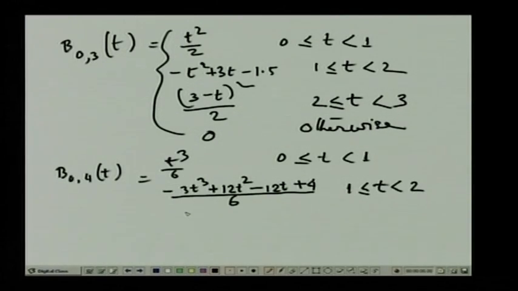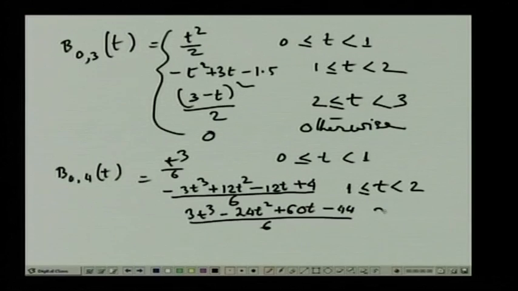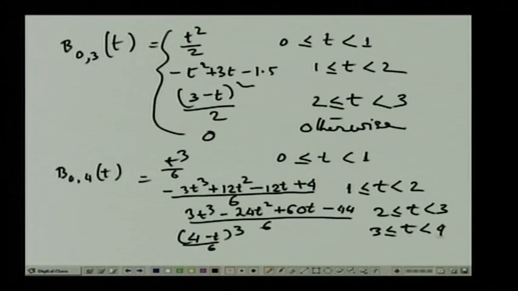It will be equal to (3t^3 - 24t^2 + 60t - 44)/6 for 2 ≤ t < 3. This will be equal to (4 - t^3)/6 for 3 ≤ t < 4, and it will be 0 otherwise.